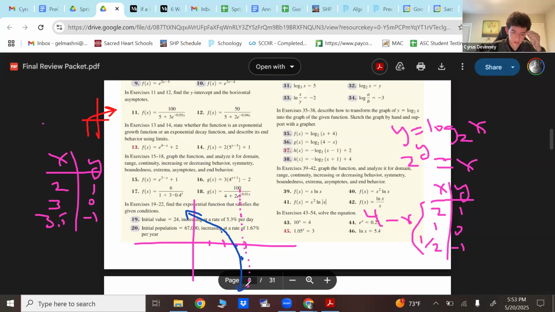Okay, yeah, so that's the graph. And then yeah, okay, so next is 37, right?